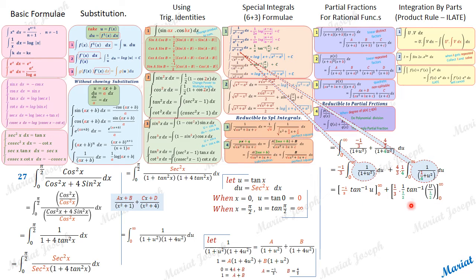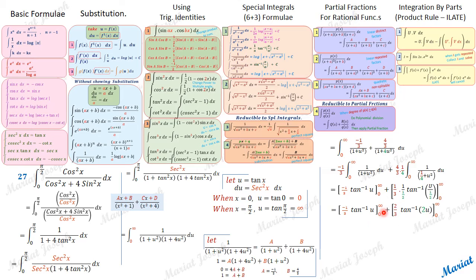So 1 by a tan inverse u by a, from 0 to infinity. Let's go ahead. We need to simplify by giving the upper limit and lower limit now. These coefficients are slightly adjusted. This half goes as 2 in the numerator. This division by half is 2u.